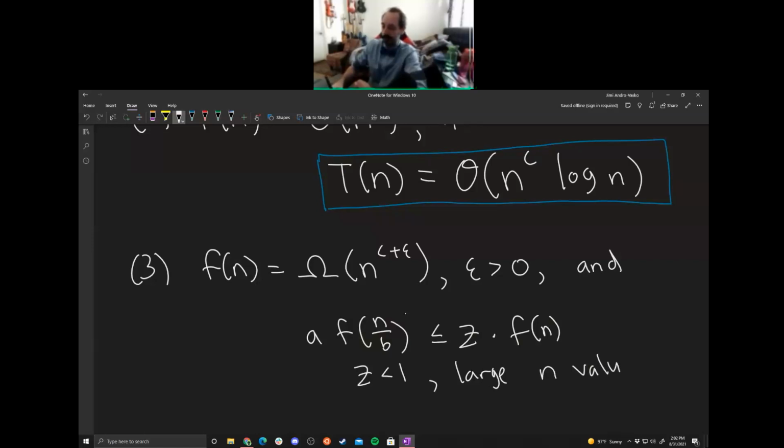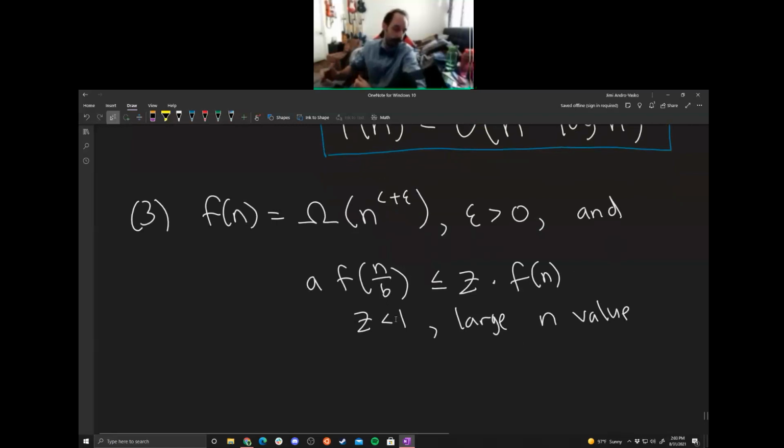I don't think this case becomes too much of an issue, but there could be some scenarios where this happens. But typically, let's focus on f of n equals omega n to the power c plus epsilon. This part there, I think it's a complete formality. We'll test all this out when we do examples of the Master Theorem.